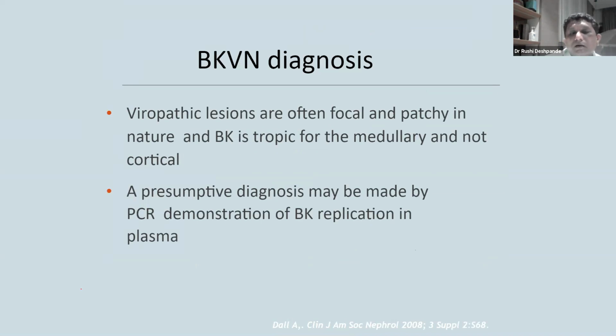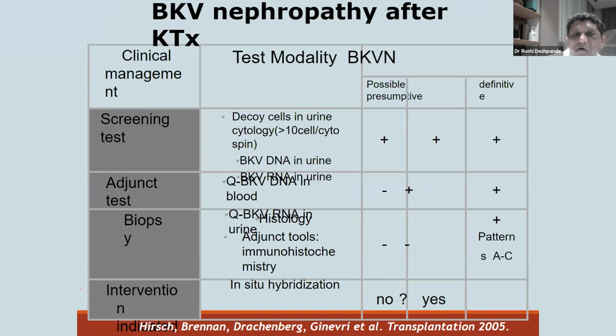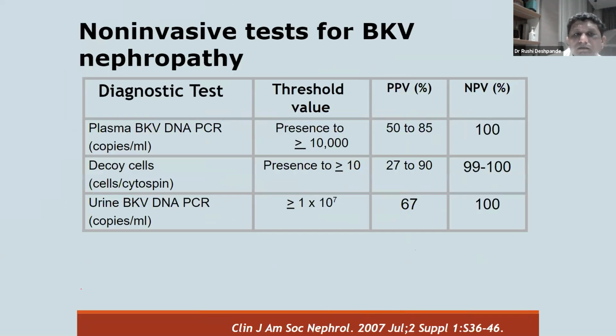Histopathology and decoy cells in the urine are very important. It's an inexpensive way of screening, particularly when cost is an issue. BK viral inclusions in the renal cells can be a hallmark of BK virus nephritis. So decoy cells, BKV DNA in the urine and BKV in the blood. That is how you look for it.